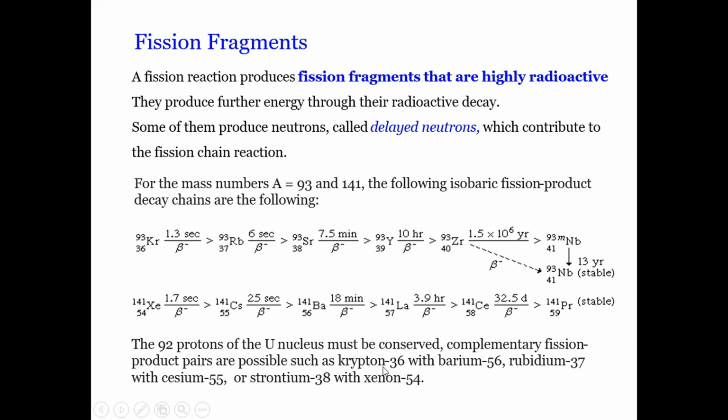Remember that this kind of pairing will happen, and the total number of protons will remain conserved. We must remember that after fission, the fission fragments are radioactive elements, and their half-life will dictate their presence, the associated radioactivity, and the lethalness of the elements.